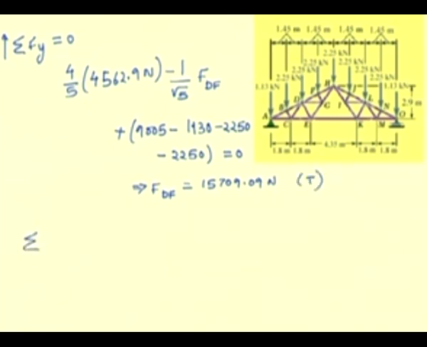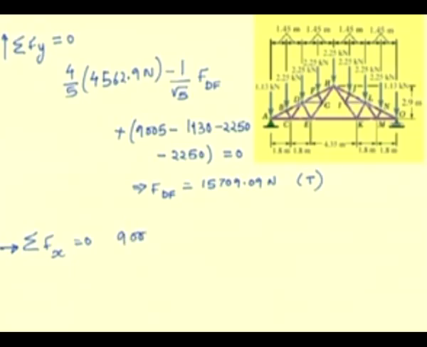Now, we can use the force summation about x to be 0, the positive axis is the positive x axis.